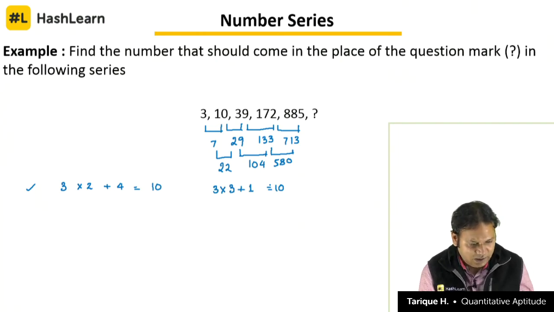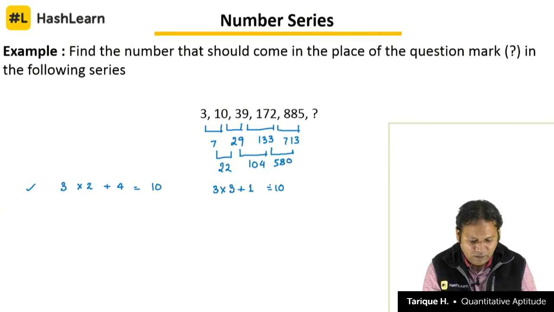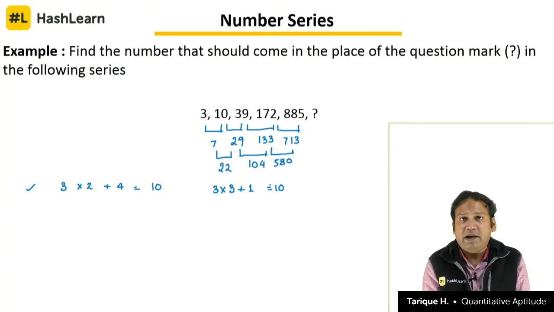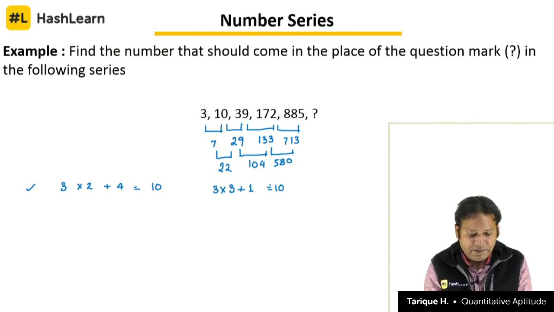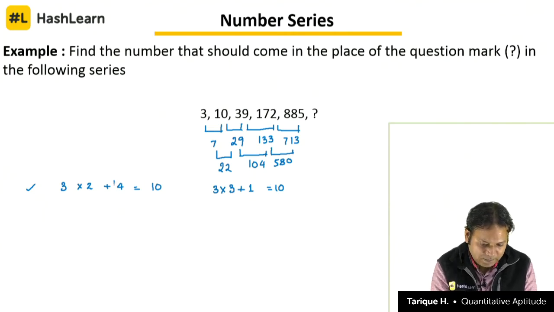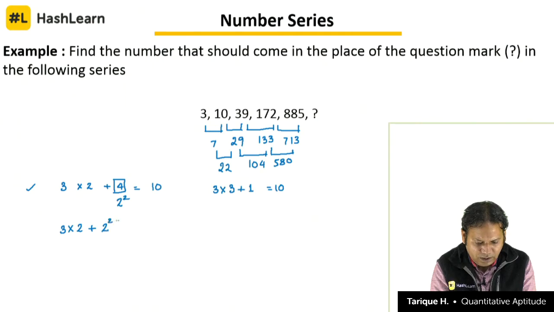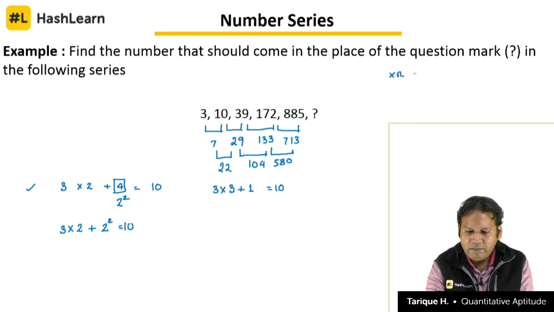So can there be any method by which we can create a pattern? Our aim should be to create a pattern. If you see, there is a pattern here: into 2 plus 4, and what is 4? It is 2 square. So the pattern can be created like this: 3 into 2 plus 2 square is equal to 10. That is what we call the into n plus n square pattern.